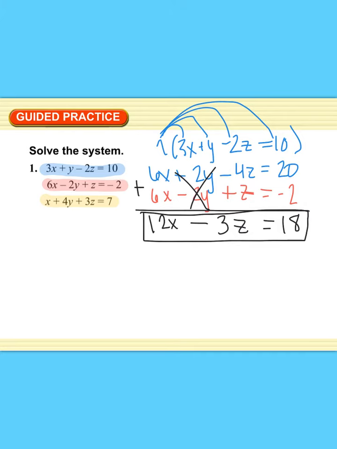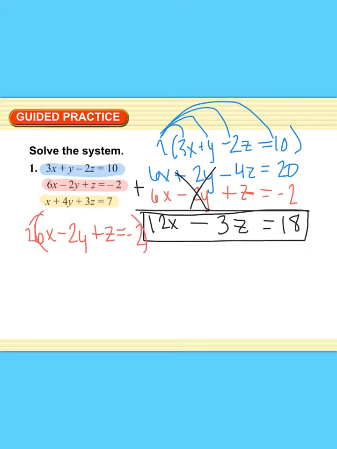And now I need to eliminate the y in another equation. So I'm going to look at the second equation and the third equation, and I want to eliminate y again, so I keep the same variables. So what do I need to multiply the middle equation by so that the coefficient of y only differs in sign? Well, it looks like if I multiplied by 2, that would get me what I need.